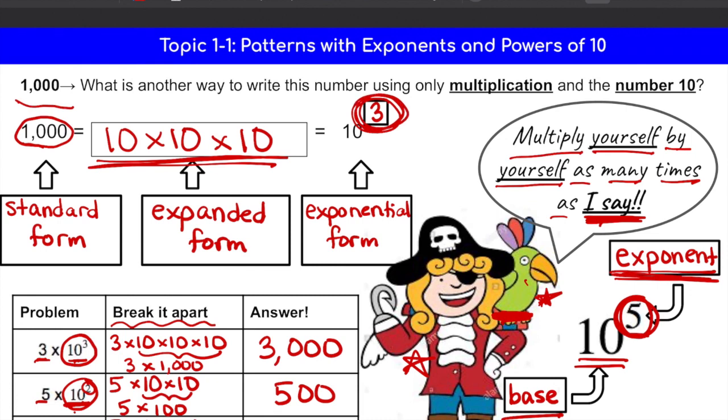If you notice a pattern, this 3 in the exponent, how many 10s do we have stretched out in expanded form? We have 3. How many zeros do we have in 1,000? We have 3. So there's 3 zeros, 3 sets of 10, and there's an exponent of 3. That's a little pattern you can notice as well.